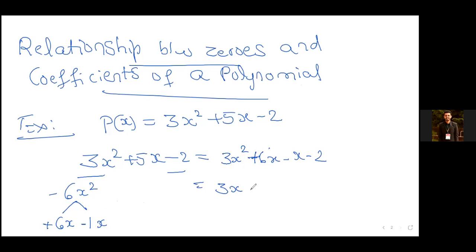That gives 3x into x plus 2, minus 1 into x plus 2, and further, x plus 2 into 3x minus 1.